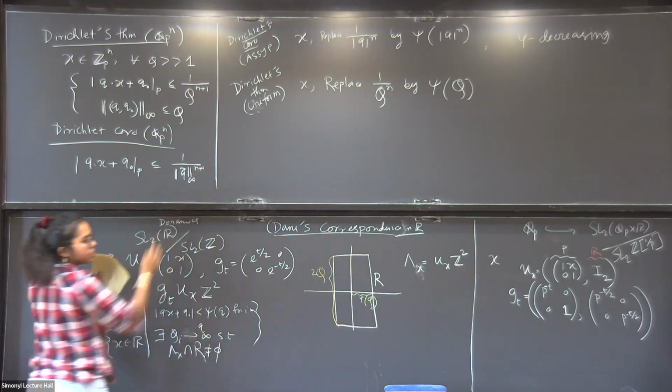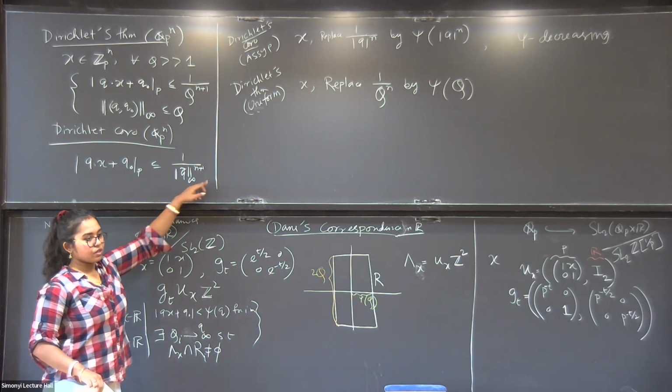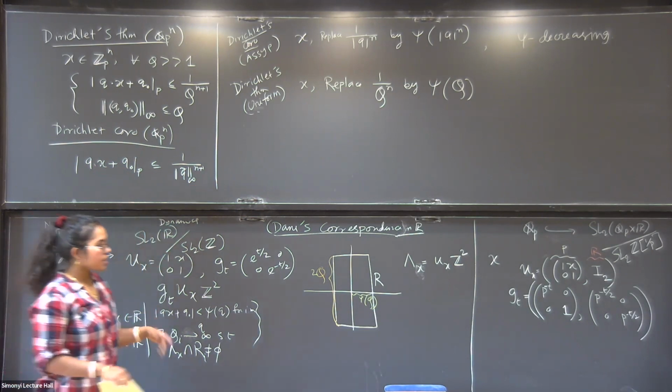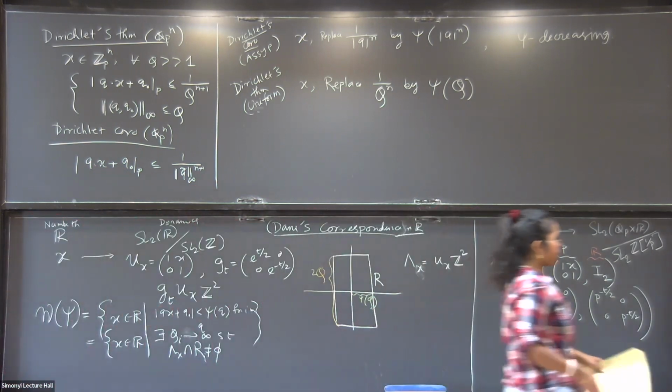If I just add an eta here, those are the sets omega eta that come from Diophantine approximation.